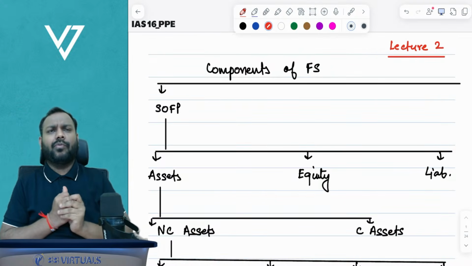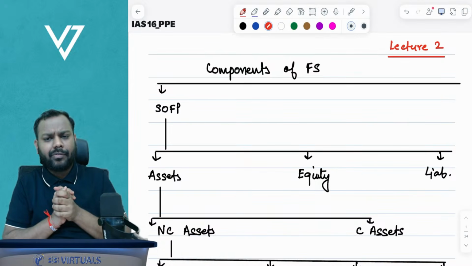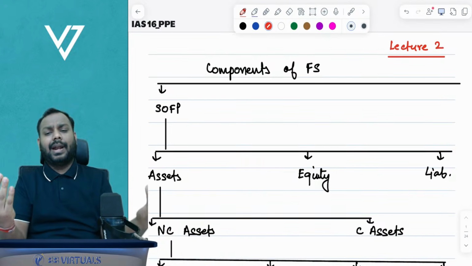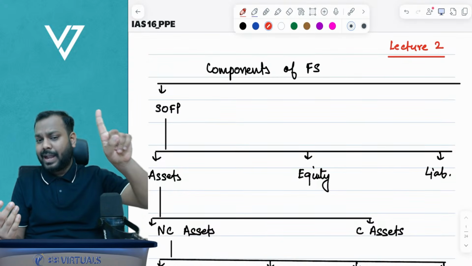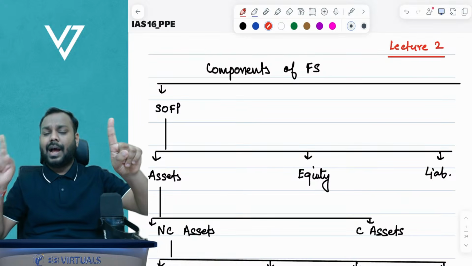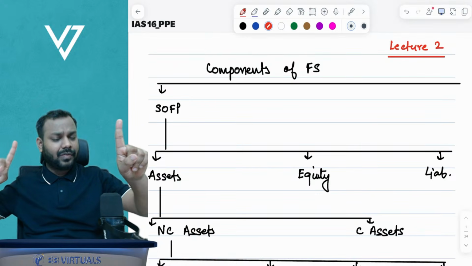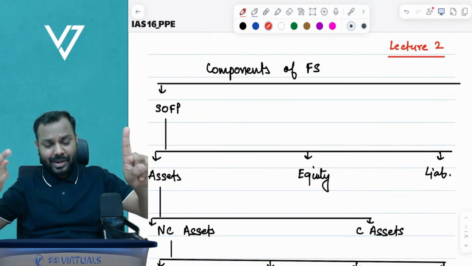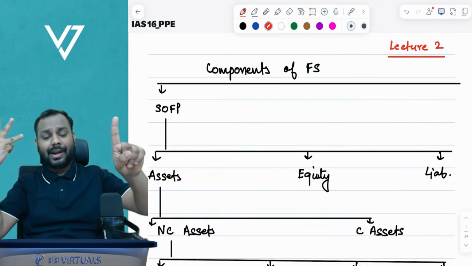Come on, guys, can you tell me what is the meaning of property, plant and equipment? Property, plant and equipment are tangible items held for either production of goods or services, or administrative purposes, or rental to others.